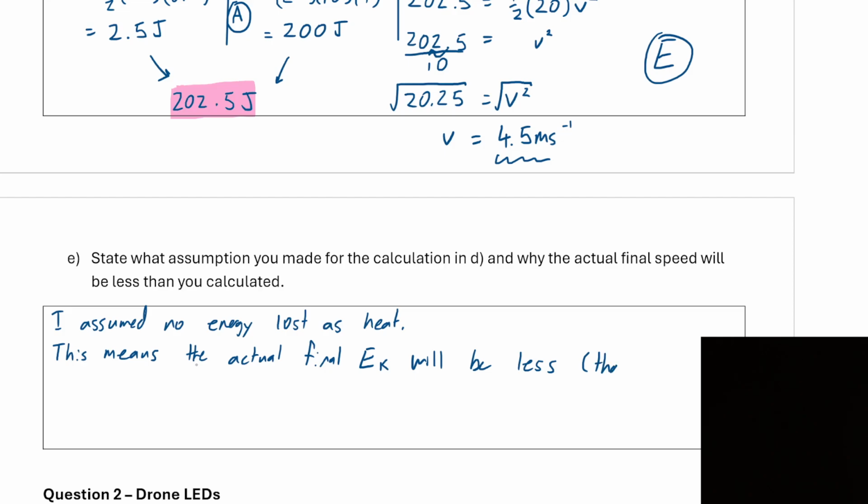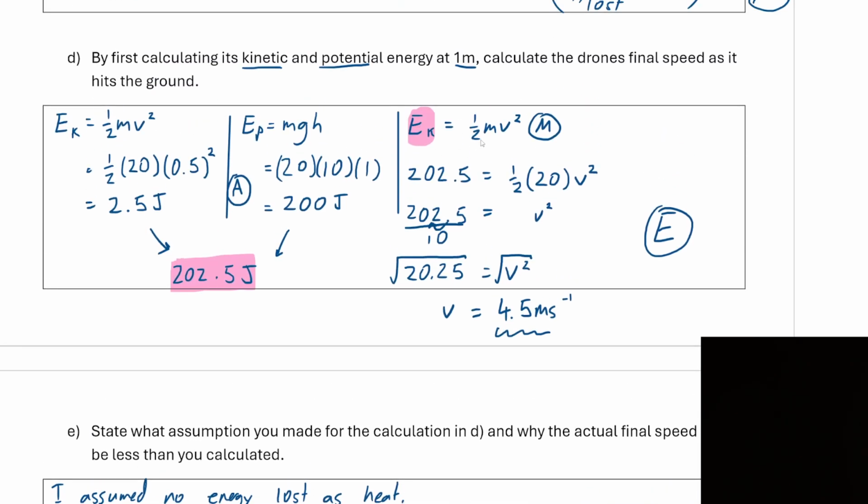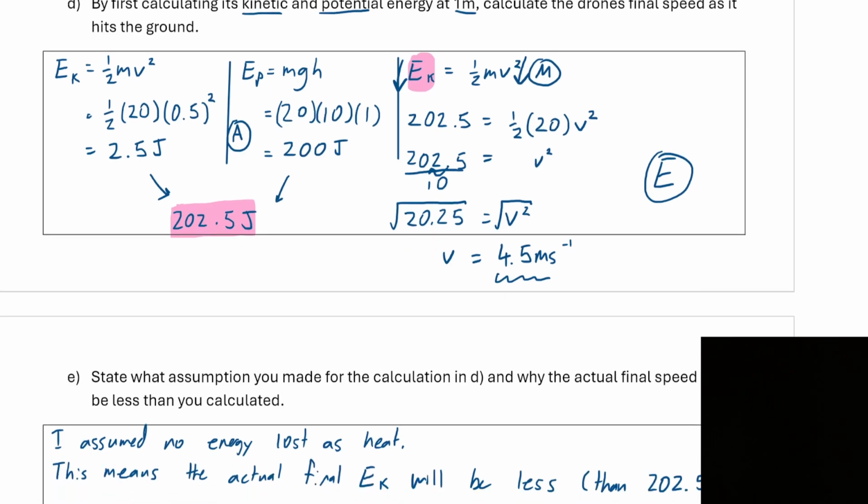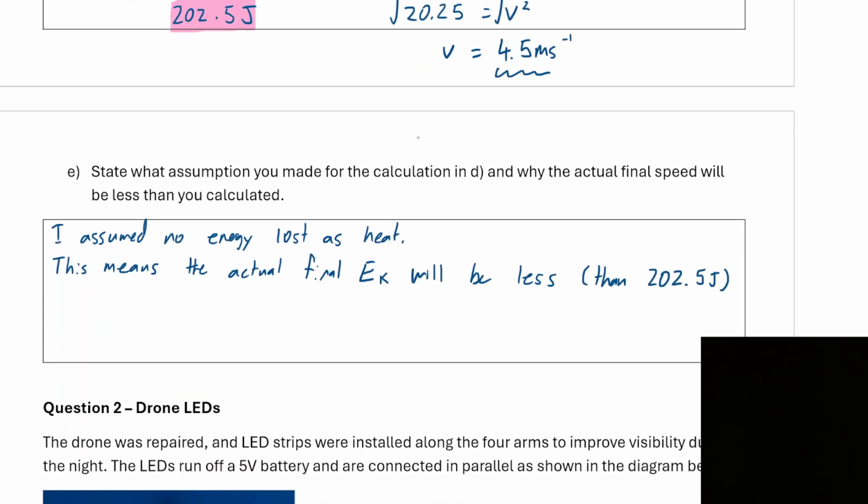And if you want, you can put in the number, but we're just comparing. So it'll be less. Now what does that mean in terms of speed? Well, looking at the kinetic energy equation, if kinetic energy decreases, speed is also going to decrease. So the final speed will be less.